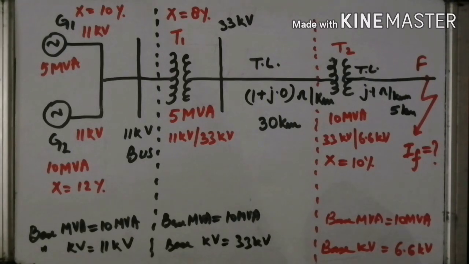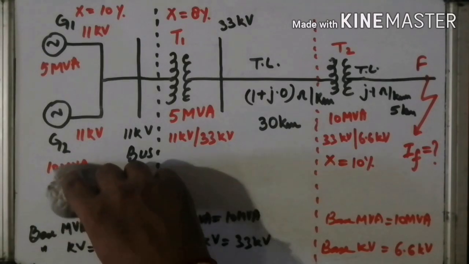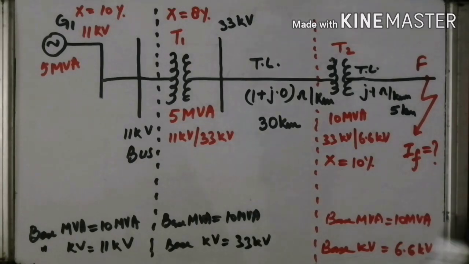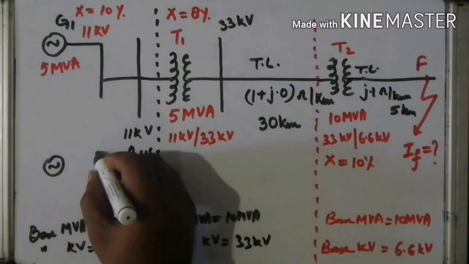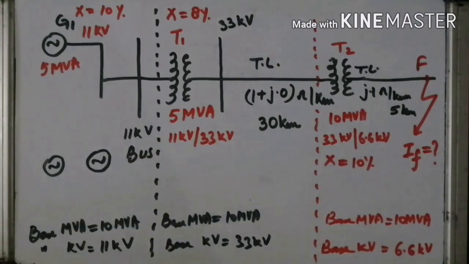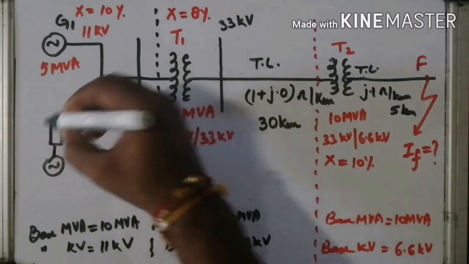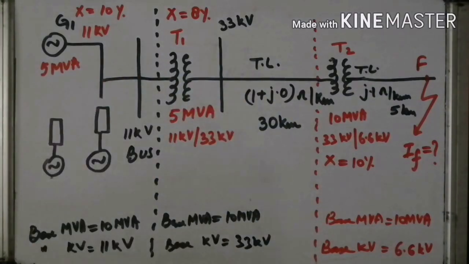Now see the diagram very carefully. This one is the transformer number 1, this one is the transformer number 2. Its reactance is over here and its reactance is over here.